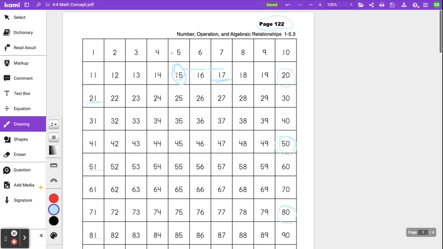Let's check it. 25 plus 2. 1, 2 is 27. Just how 5 plus 2, 1, 2 made 7. 15 plus 2 made 17. 25 plus 2 is 27. This is the pattern. Very good.